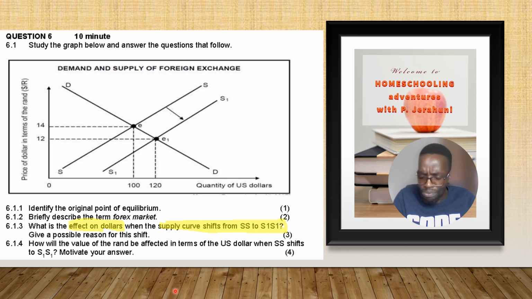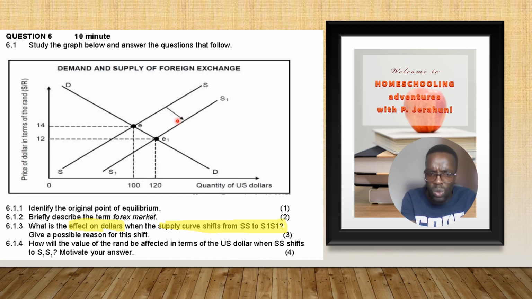Now, look at it this way. Because the supply curve has shifted to the right, it has increased the quantity of dollars available on the market.